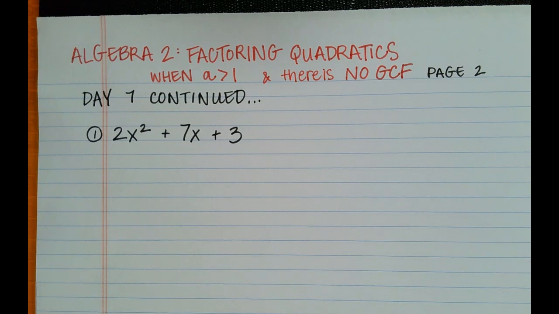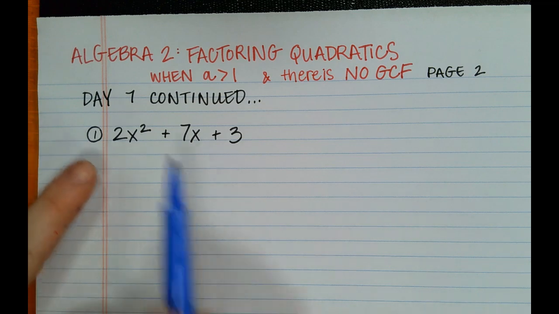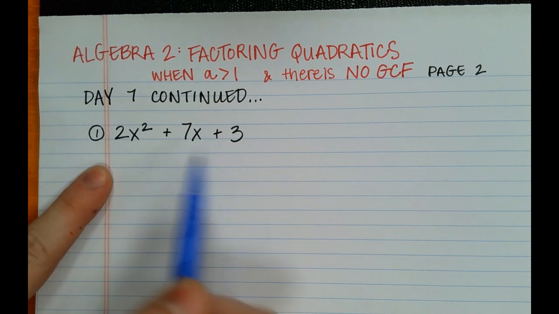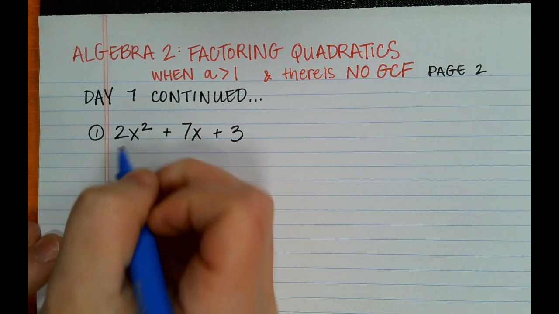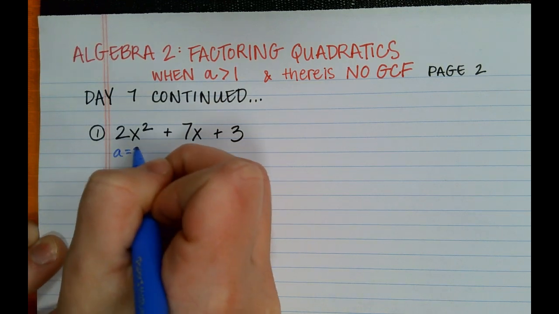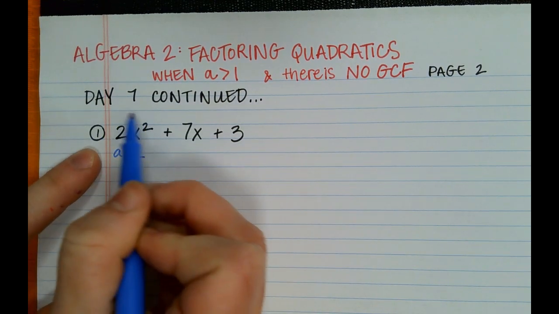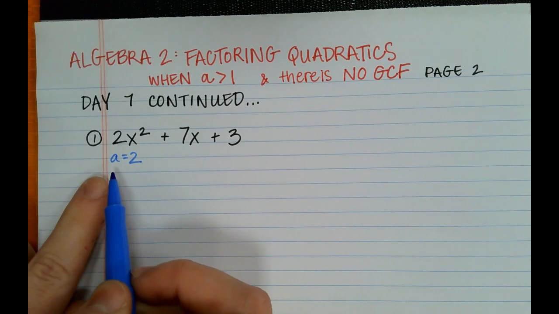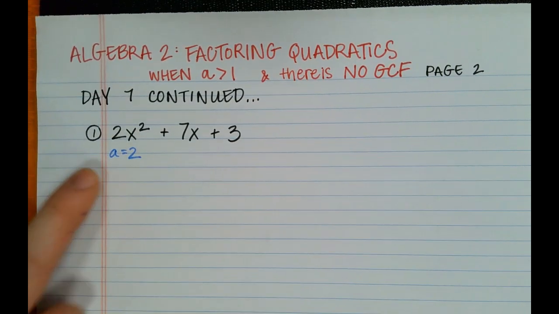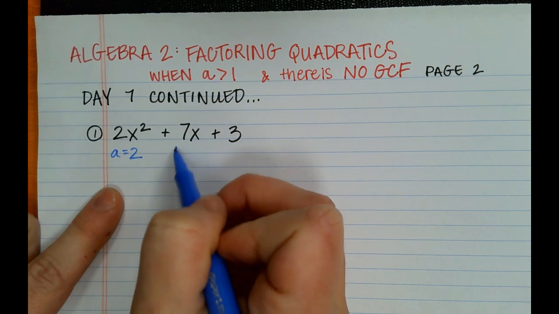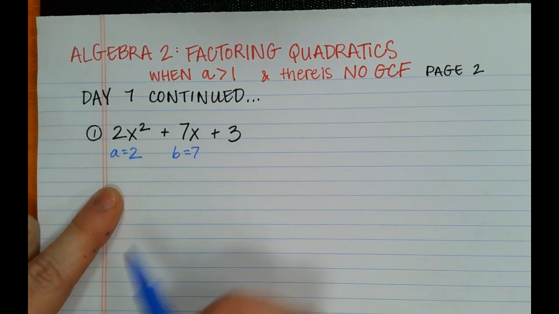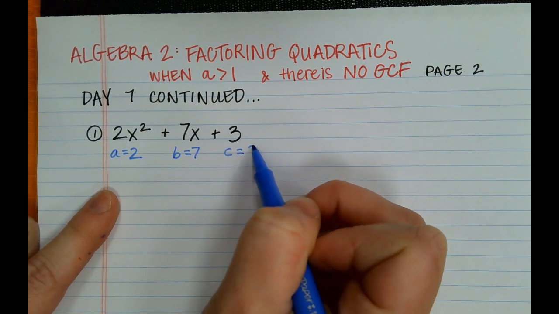I don't ever want you to write something on your paper unless you get it. So, first thing to do here, let's identify our A, our B, and our C. What's our A here? 2. Our leading term is 2x squared, but our A is just 2. Our B is 7. And our C is 3.